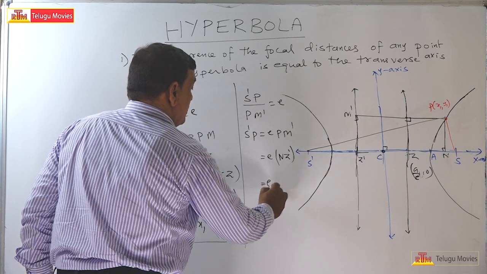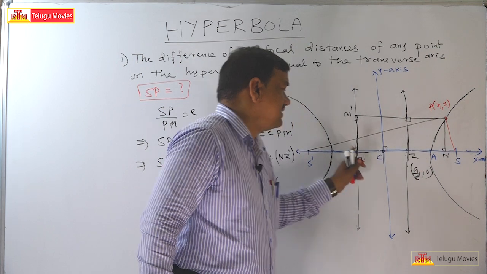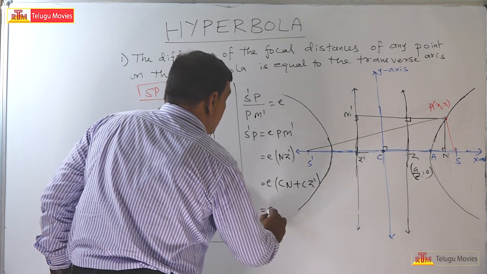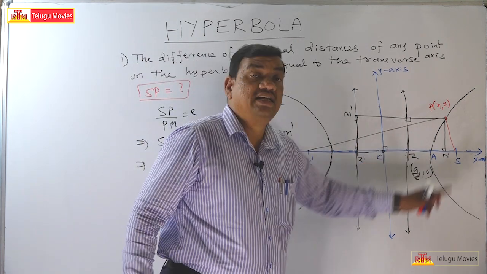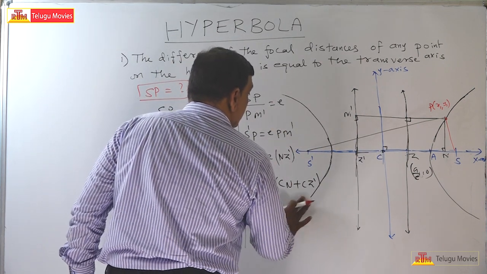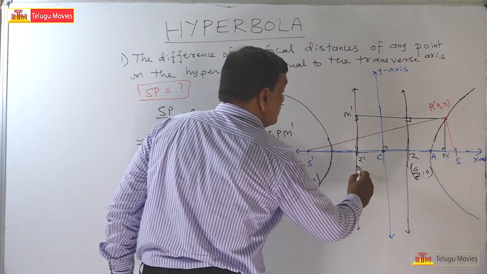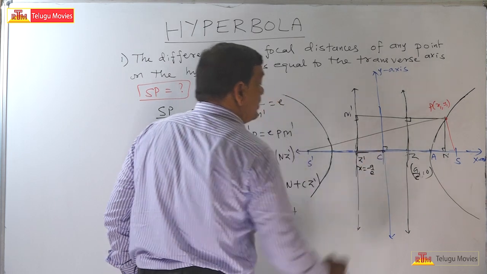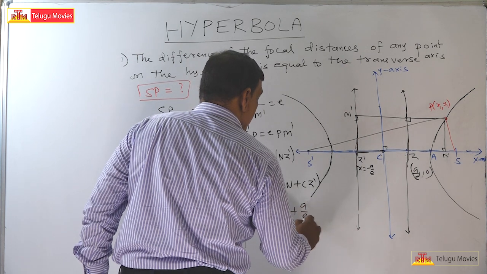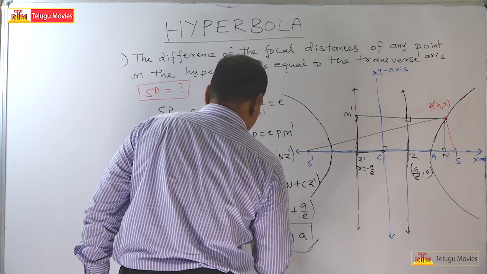E into NZ dash is nothing but Cn plus Cz dash. That is E into Cn, which is your x1, plus Cz dash, which is your A by E. So, here actually x is equal to minus A by E, but you have to take the distance. Okay, that is plus A by E. So, you multiply: Ex1 plus A, E E cancel. So, this is your S dash P.